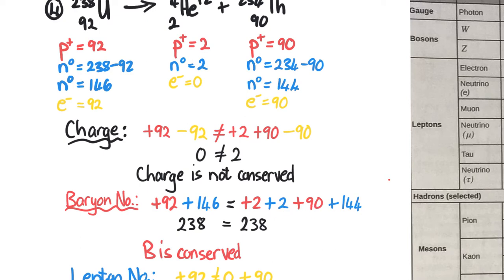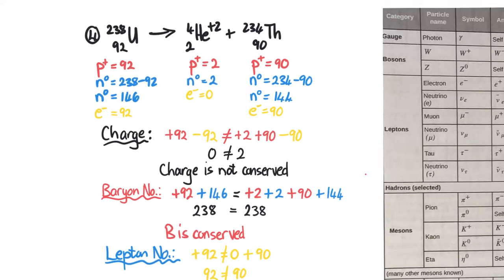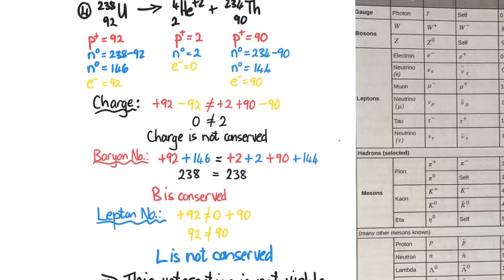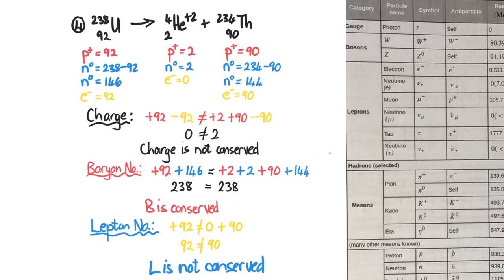We've got 90 protons in the thorium nucleus, and we've got 144 neutrons in the thorium nucleus. So adding up, 238 equals 238. So the baryon number is conserved. When we go and look at the lepton number, the leptons here are, at this point, we can only see the electrons.